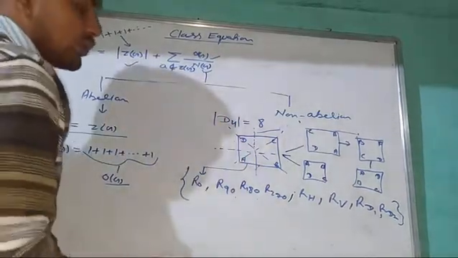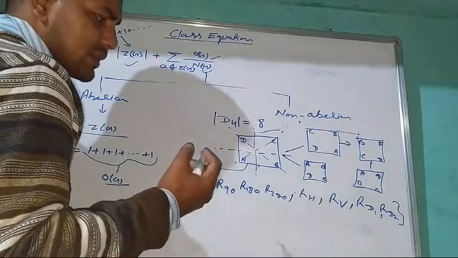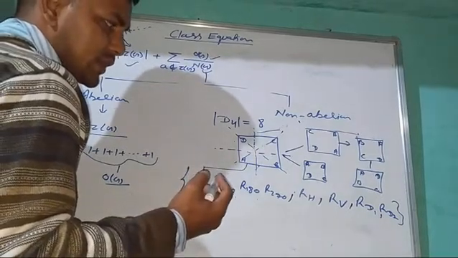Now we can observe that this group is non-abelian.